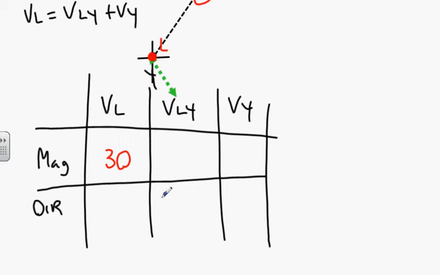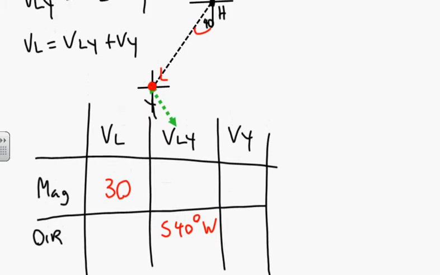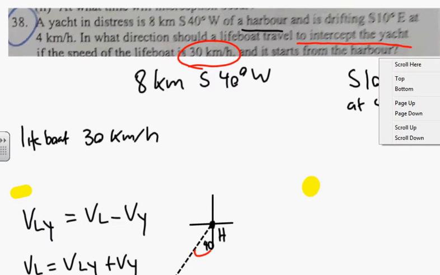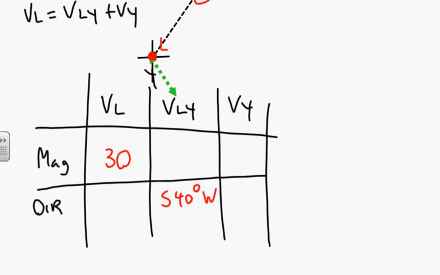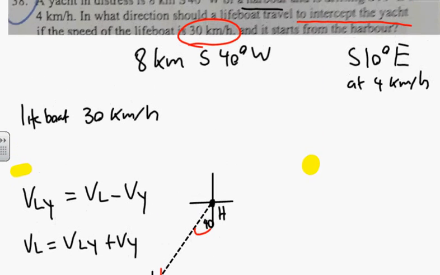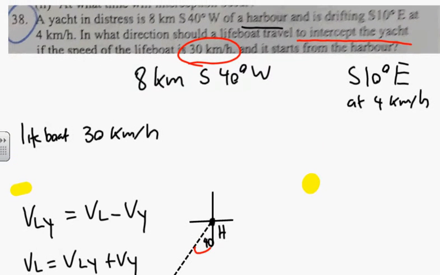South 40 degrees west, because I'm saying the yacht can't move. Okay, and finally the velocity of the yacht, I know it's drifting away at 4 kilometers an hour, which is 4 here, and then what I also know is its direction is south 10 degrees east.